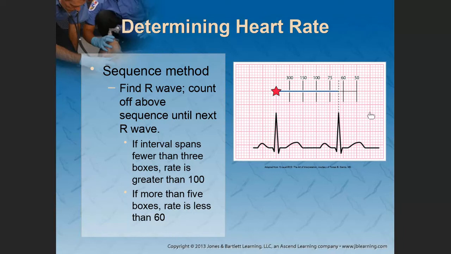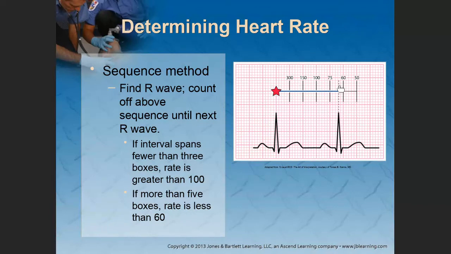So that's the sequence method. Again, look for a QRS complex that falls on a bright line, mark that off. Then the next bright line is 300, next one is 150, 100, 75, 60, 50. Wherever the next QRS complex falls, it will represent the rate.